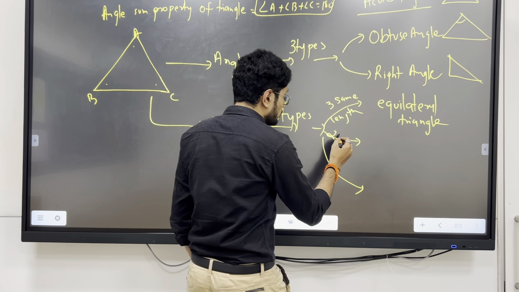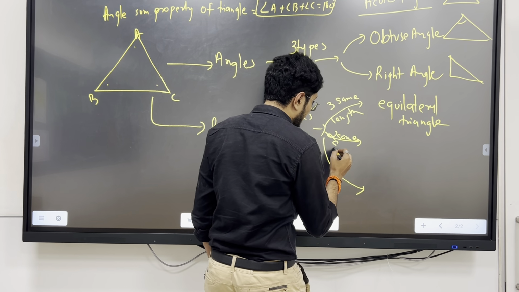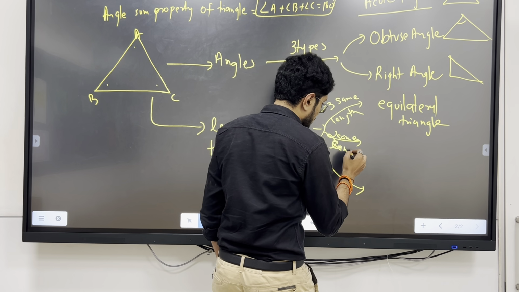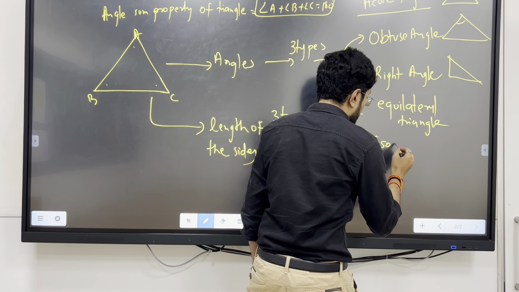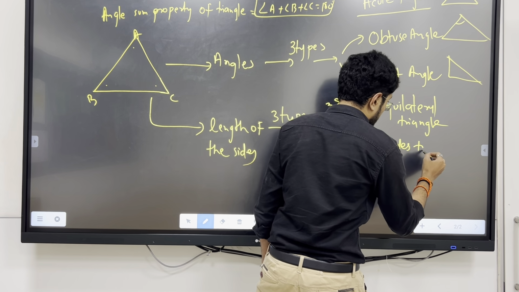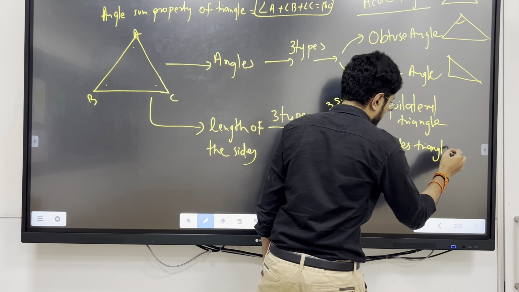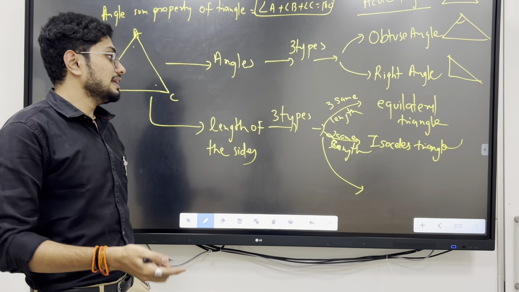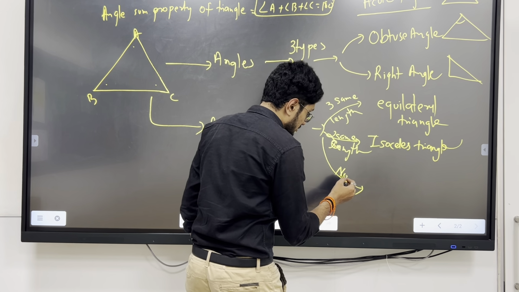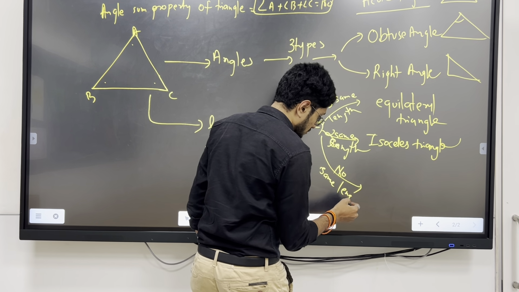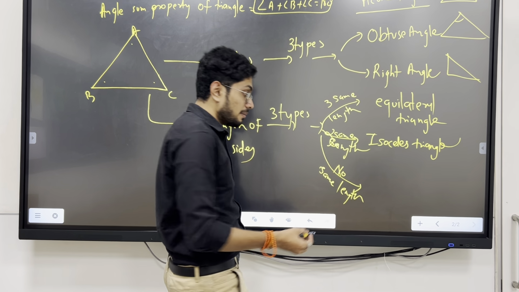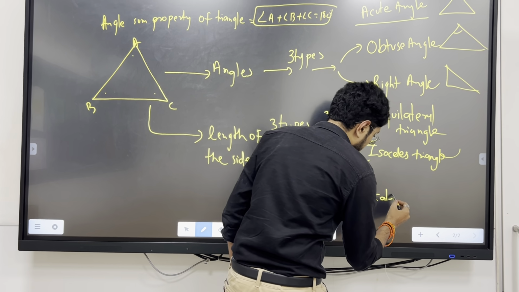If two sides have the same length, then it is an isosceles triangle. And if no sides are equal, then it is a scalene triangle.